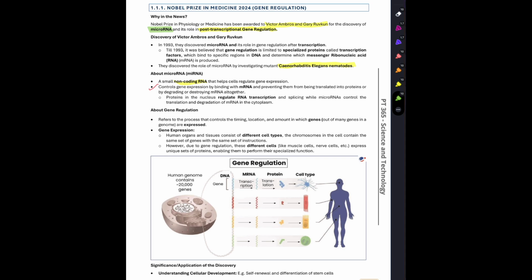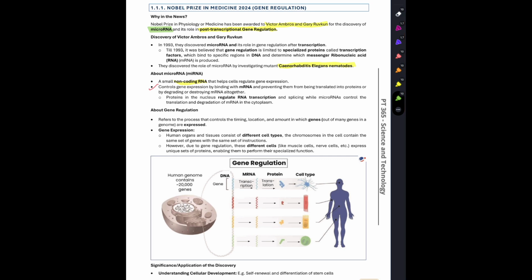So after the gene is transcribed, this is where microRNA comes into play.